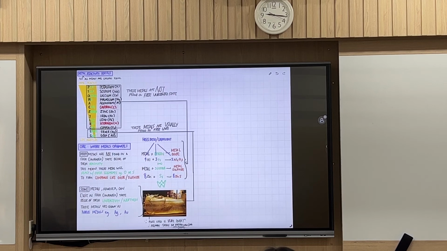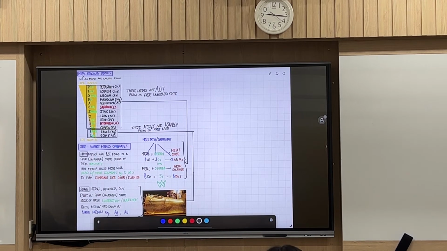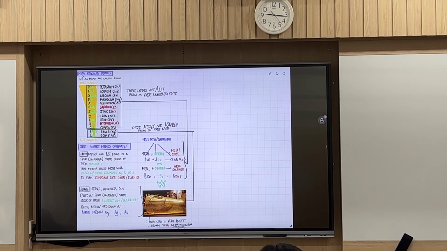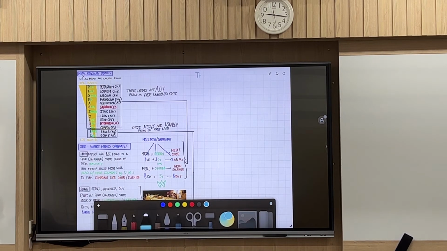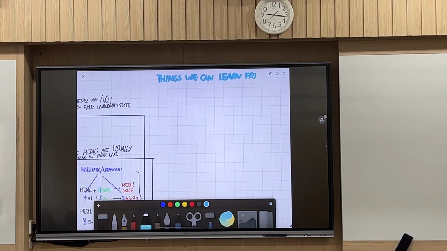So we can learn a few things about the metal reactivity, which I want to write down on the opposite side. Things we can learn from the metal reactivity series.